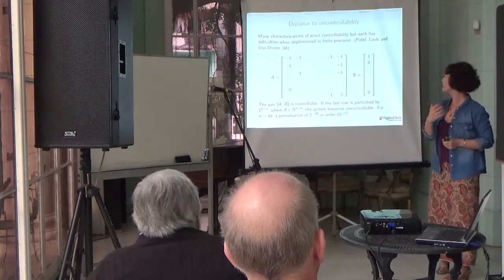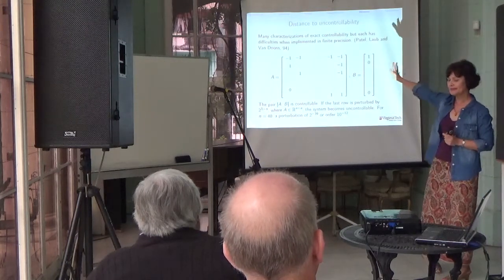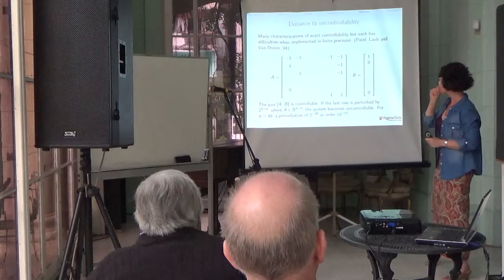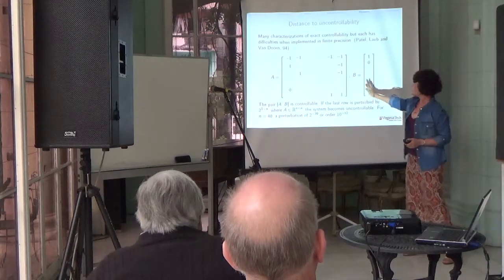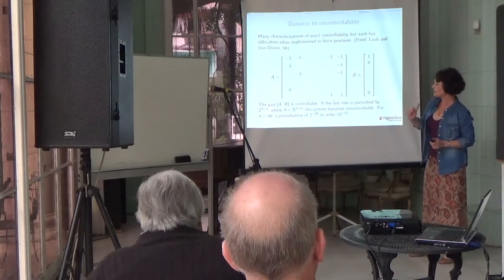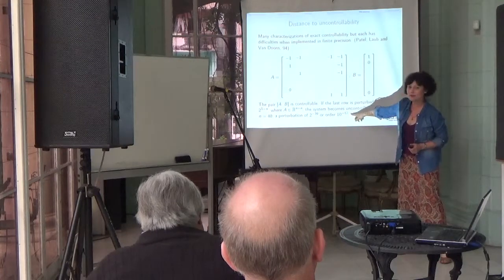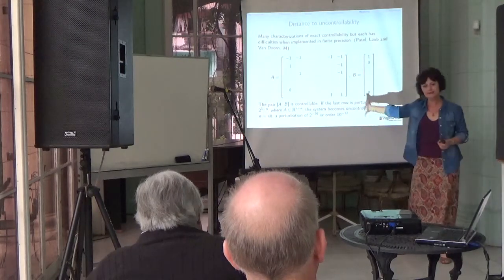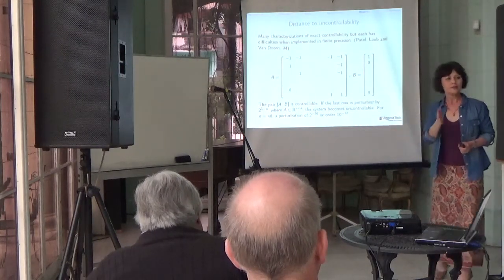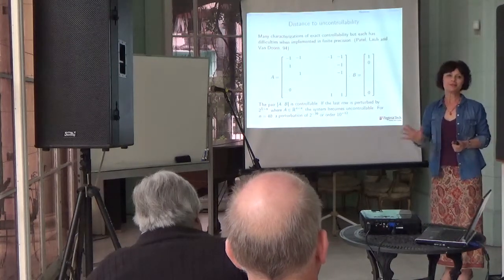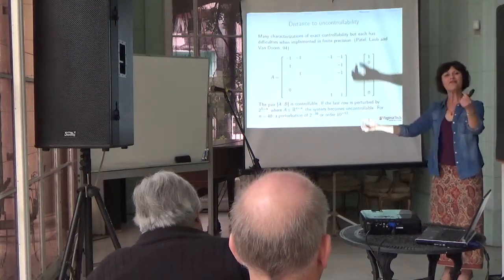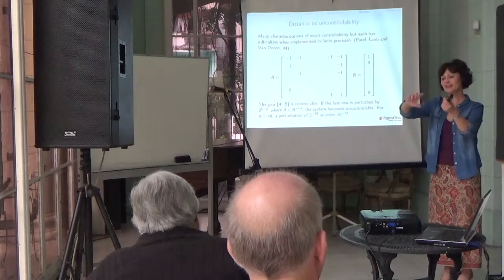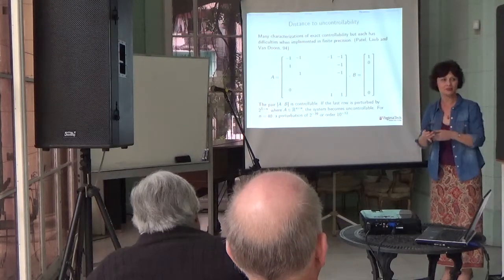And just to give you an idea what happens now, I'm switching to controllability, but you know it's just a dual problem. This system is exactly controllable, but perturbations as small as 10 to the minus 12 make the system uncontrollable. So checking exact controllability is not smart. What I want to check is how far it is, by how much can I change the system and still remain controllable.